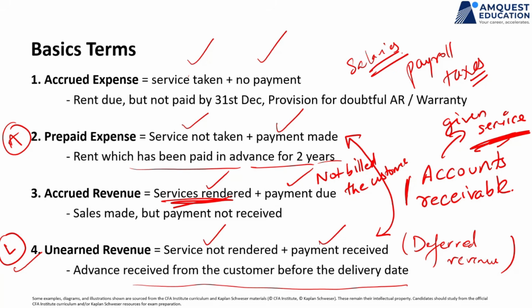So that is an accrued revenue. As soon as I invoice the customer, then it is accounts receivable, because now I have raised an invoice, so the customer has been billed. And if the customer has been billed, that becomes a receivable. The invoice has been issued, but payment has not yet been received. So there is a small difference between accrued revenue and accounts receivable for us to remember.